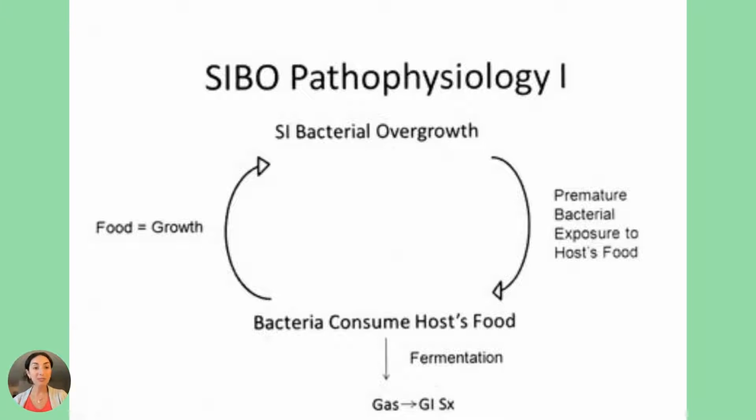And that food then feeds that bacteria and creates this negative cycle where the bacteria continue to thrive and replicate because they're eating the food that you're supposed to be getting. Then you're not absorbing your food well enough, and your motility is declining because of that bacterial fermentation. So it's this whole host of a negative cycle that's perpetuated once the bacterial overgrowth begins.